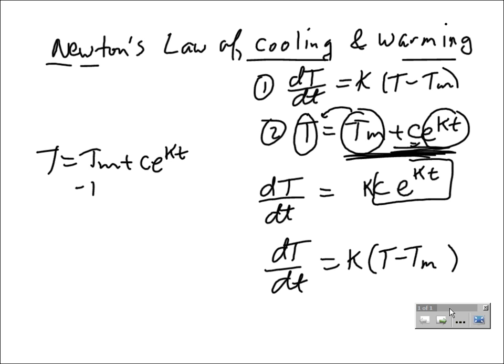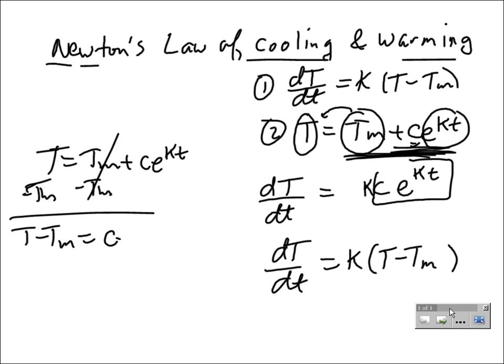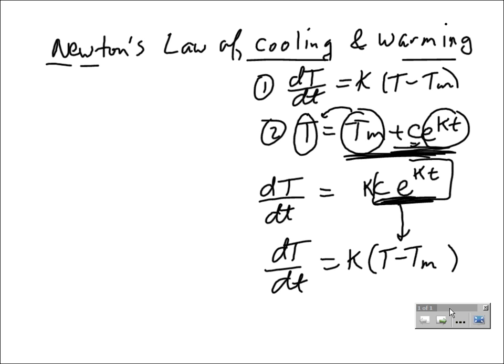If you take away Tm from both sides, the left side is T minus Tm. The right side is C e to the kt. And these two horizontal lines tell me whenever I see C e to the kt, I can write T minus Tm, just like I did. So yeah, they really are the same. One is just the derivative while the other one is not.